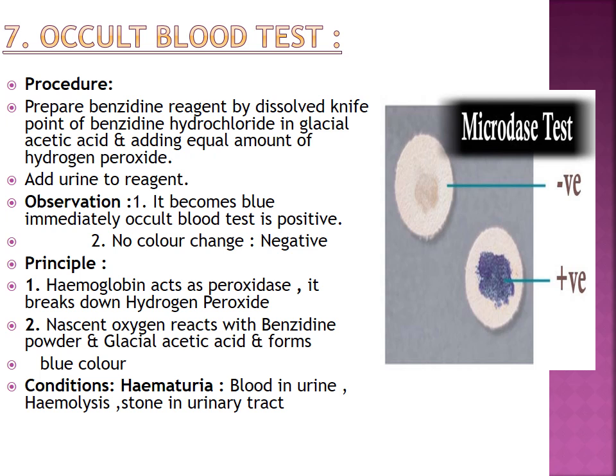The principle is that hemoglobin acts as a peroxidase, so it breaks down hydrogen peroxide into H2O plus O, that is nascent oxygen, and that nascent oxygen combines with benzidine and glacial acetic acid and forms a blue color. The condition seen is hematuria, that is blood present in urine, mainly in hemolysis or bleeding in the urinary tract.